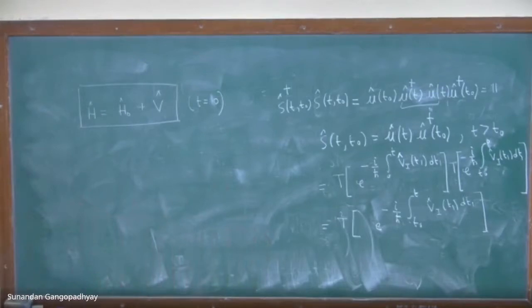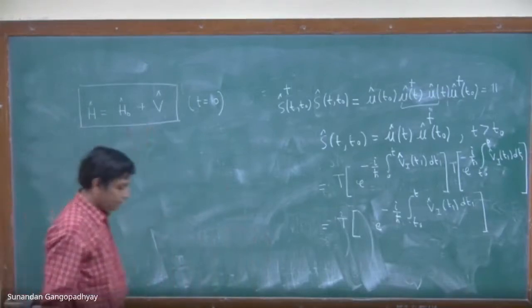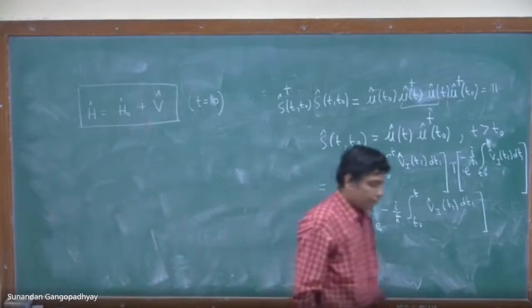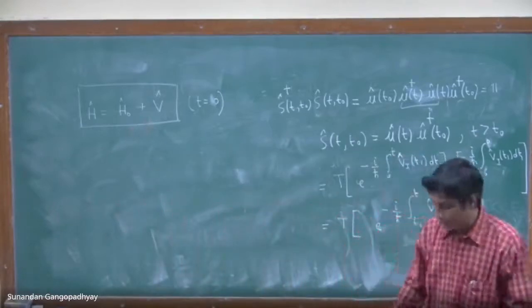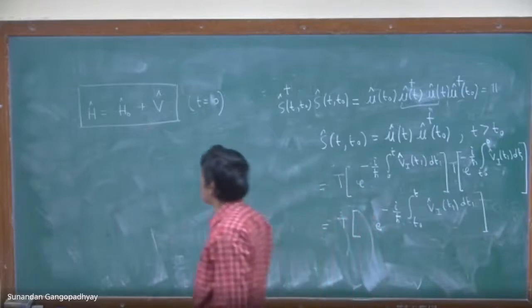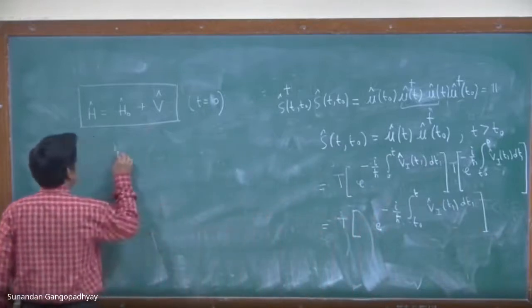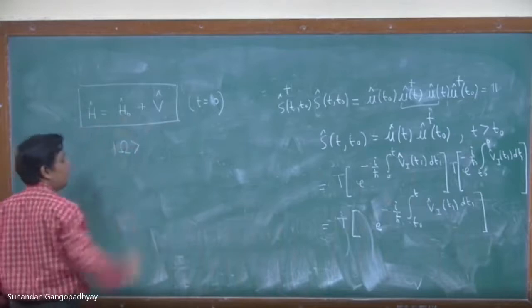But there is an interaction piece, and that interaction piece makes it difficult to calculate the ground state of this Hamiltonian, of the full interacting theory.